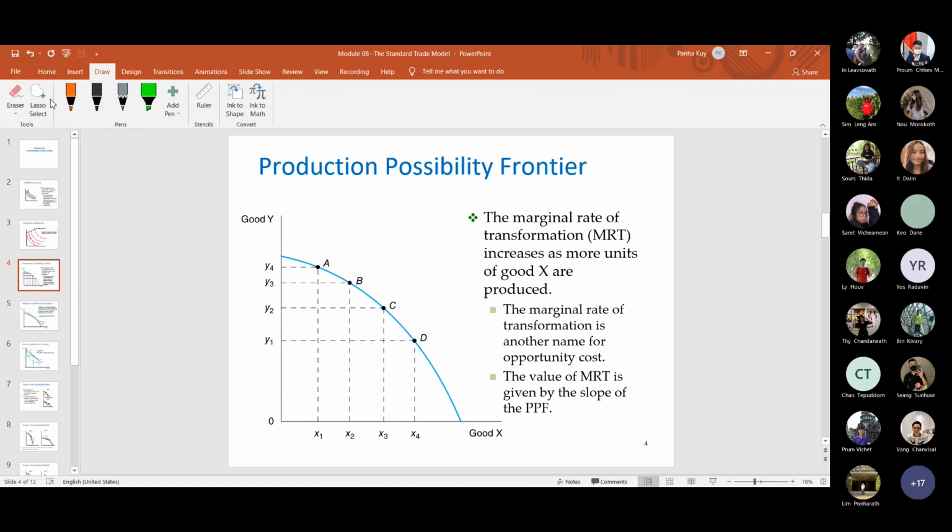If the country decided to produce at point A, meaning this country allocates a lot into producing good Y, and very little good X. But if the country has the production output here, meaning to say that they produce little good Y and a lot of good X. See that? Is this clear for you?